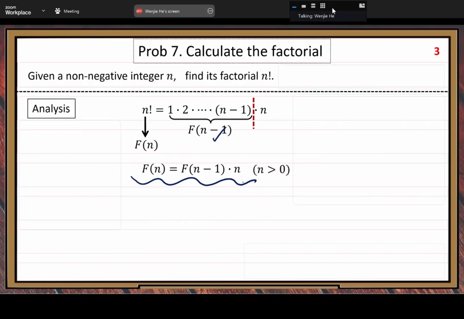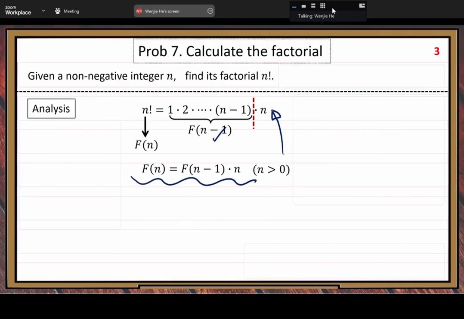But here, when we define factorial, we need n positive, right? In our usual definition of factorial, our n should be positive.